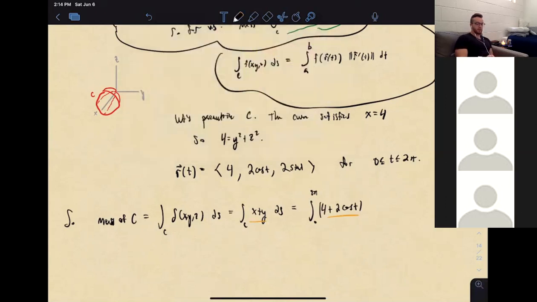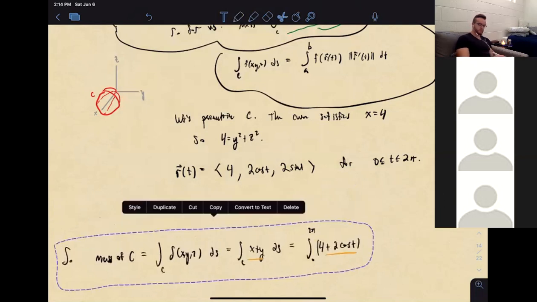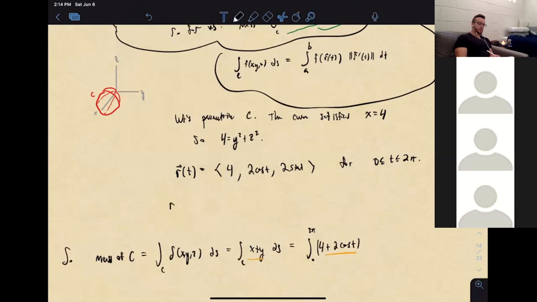And then I need to multiply by r prime, which I forgot to compute. So let me do that now. So r prime of t is going to be 0, negative 2 sine t, 2 cosine t.